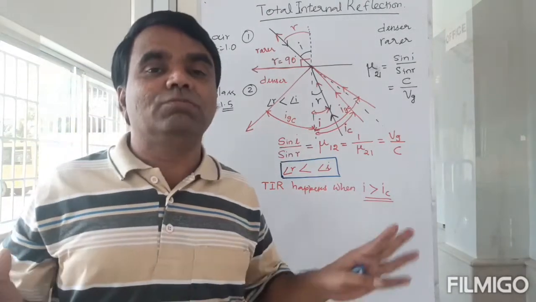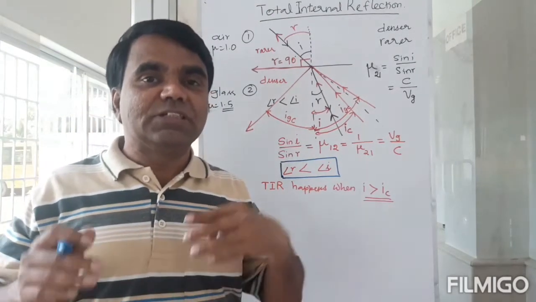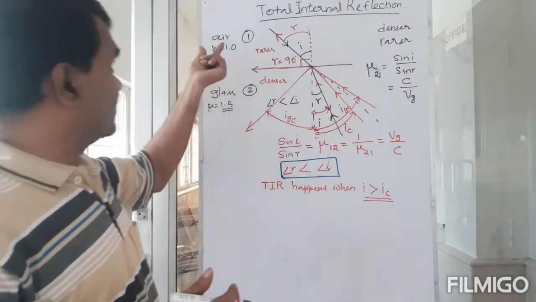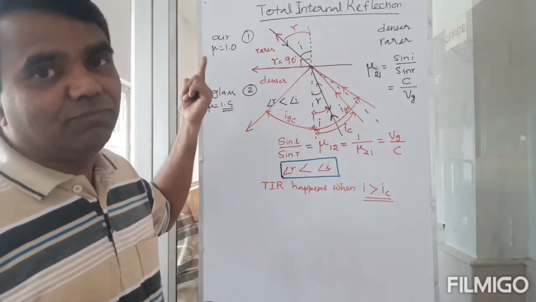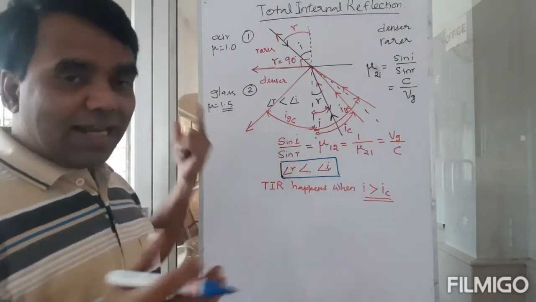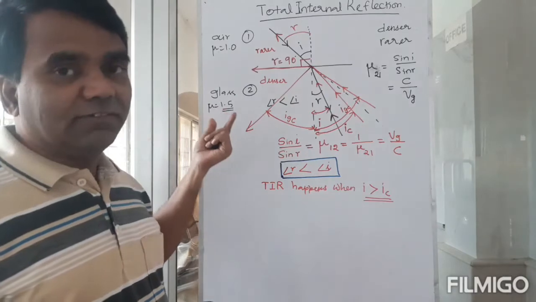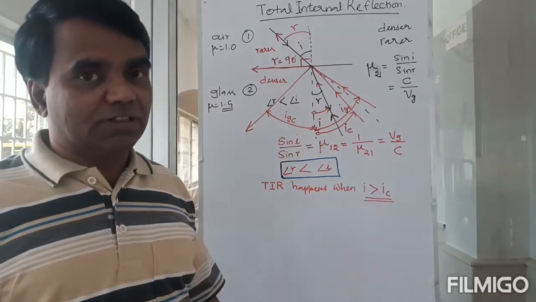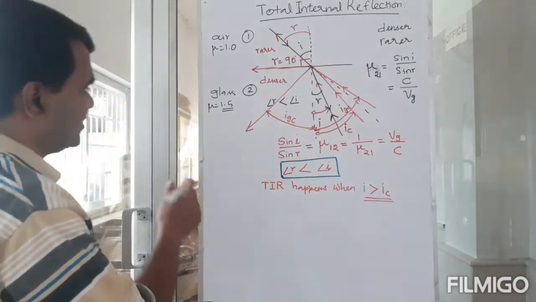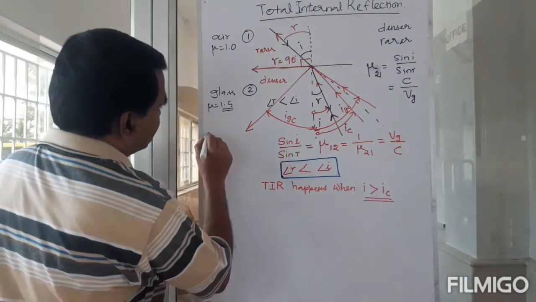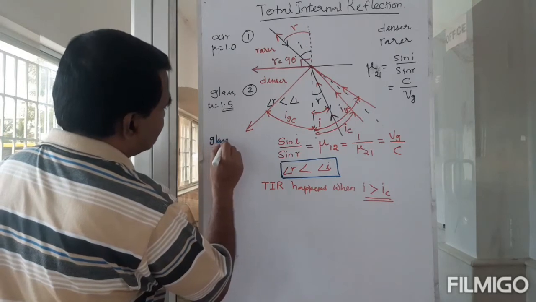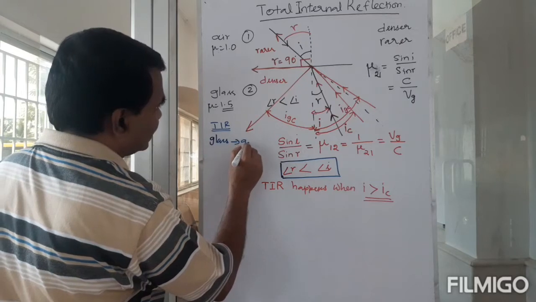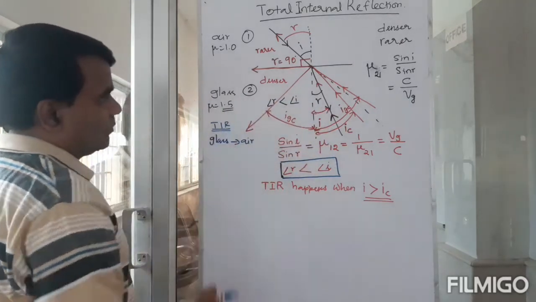So no total internal reflection takes place in air, okay? Because air has the least refractive index, 1, and glass 1.5. So if light travels from glass to air, then total internal reflection can happen. Let me just say light travels in glass, so total internal reflection, glass to air, yeah, this can happen.